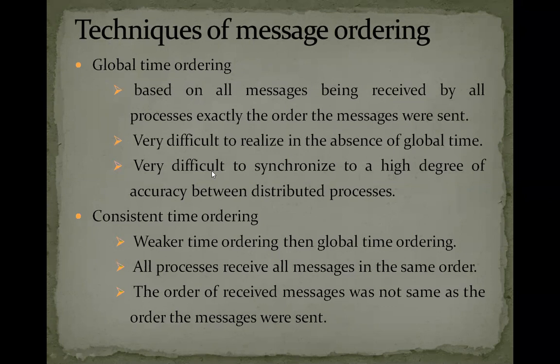It is very difficult to realize in the absence of the global clock how it can be done that the message which has been sent earlier should be received in the same order. And it is also very difficult to synchronize the accuracy between the different distributed processes.